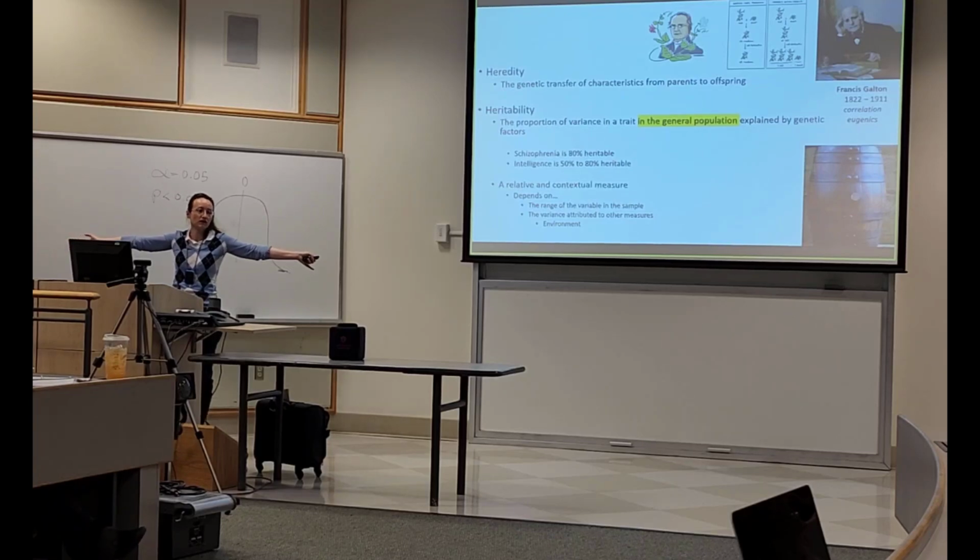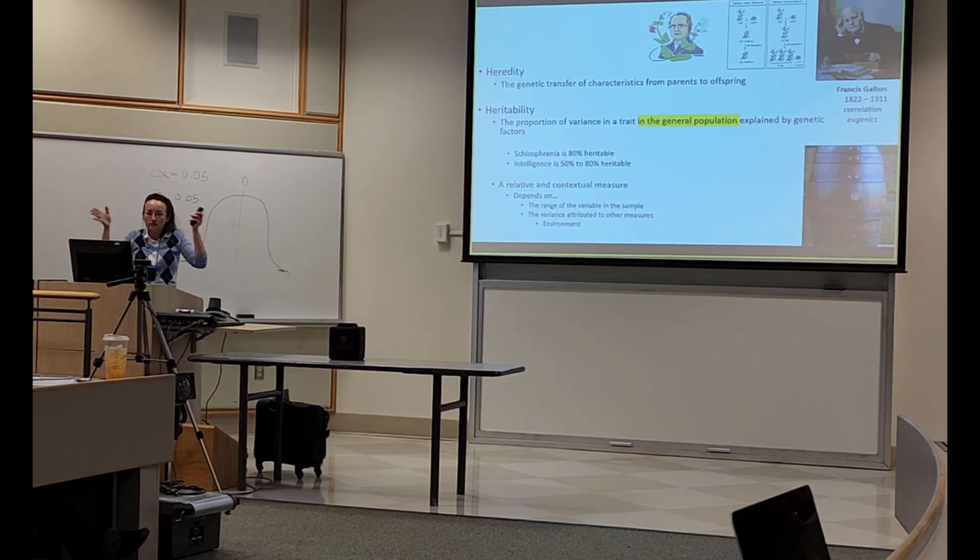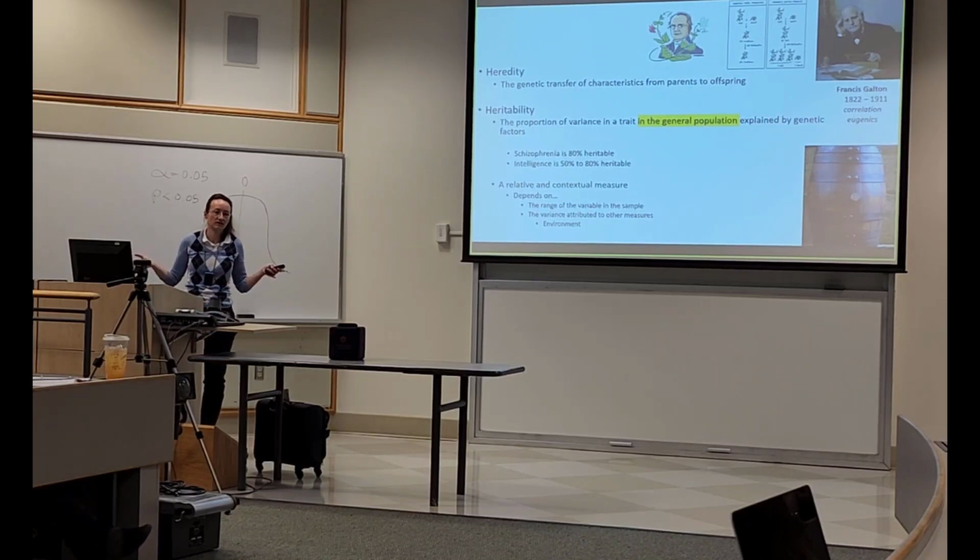Because there's nobody here with an IQ of 60. I'm looking at like 100 to 130. I'm working with a restricted range. That makes it a lot harder to find relationships. So range restriction affects your ability to find relationships.